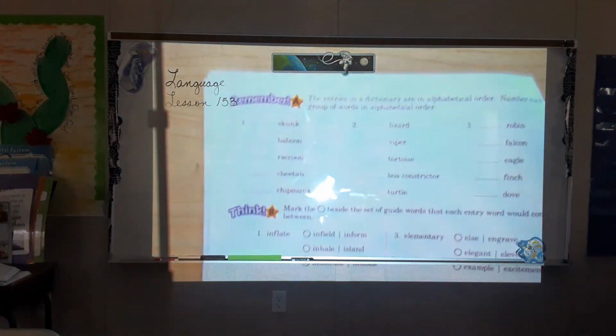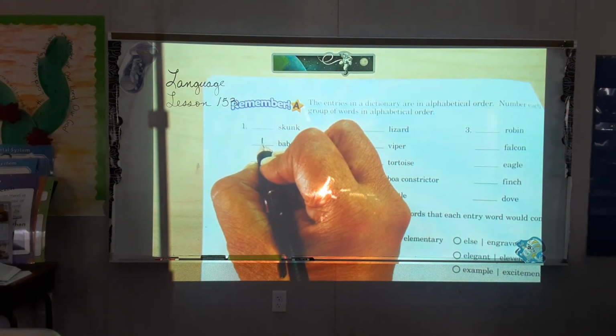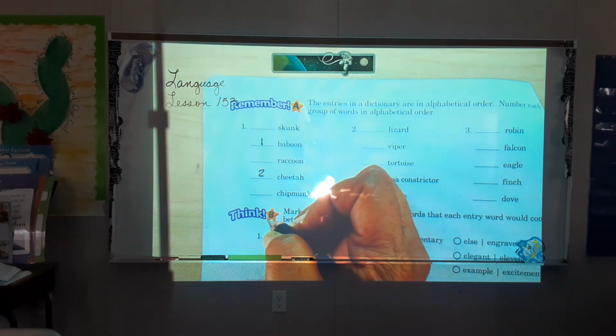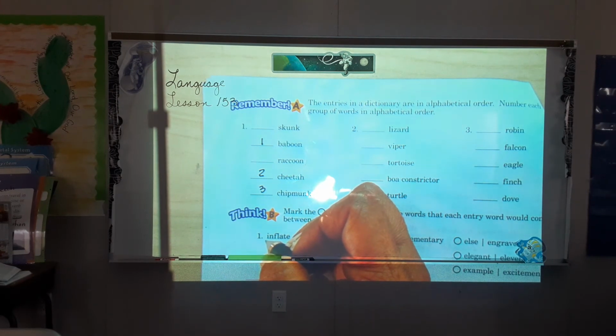On our worksheet, Part A, it says the entries in a dictionary are in alphabetical order. Number each group of words in alphabetical order. Number 1, baboon. Number 2, cheetah. Number 3, chipmunk.